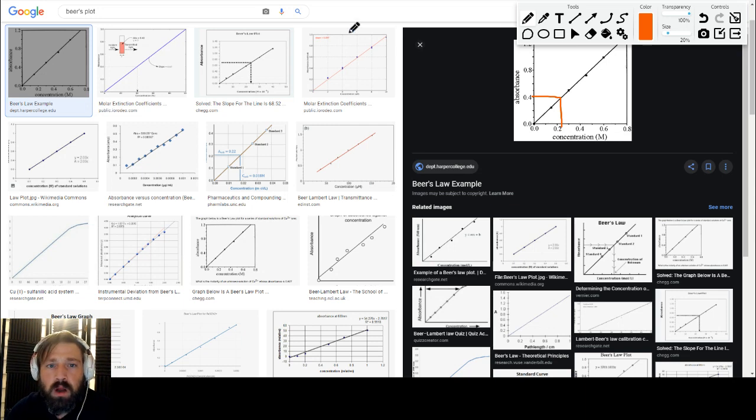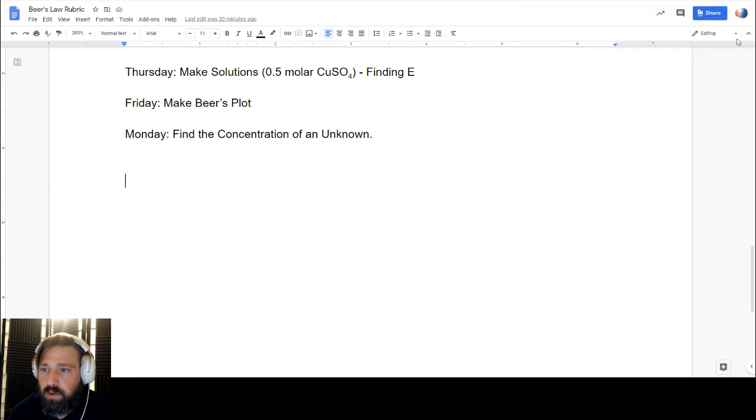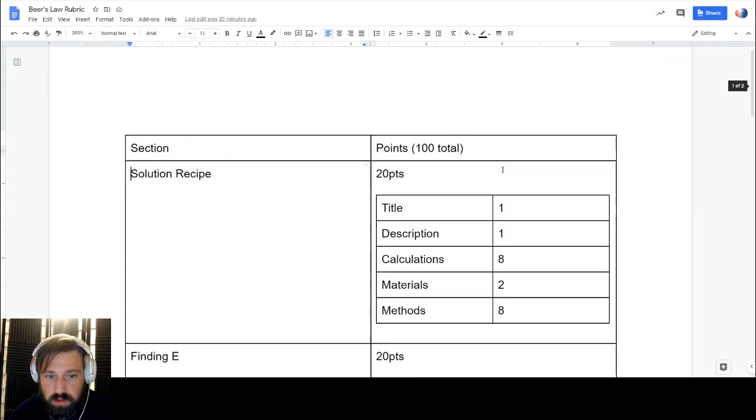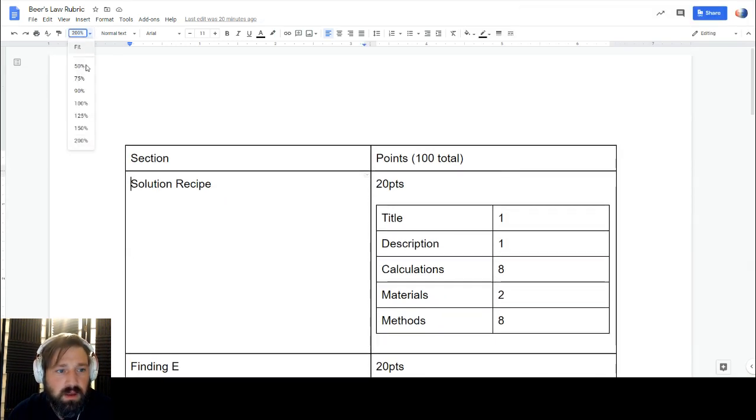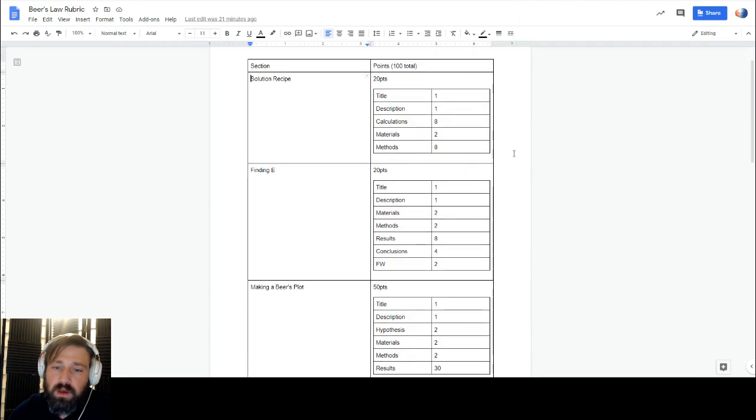As for the lab reports, it's going to be these following things. You should always write your recipes down whenever you're making a solution of any kind. You only have to do this once.